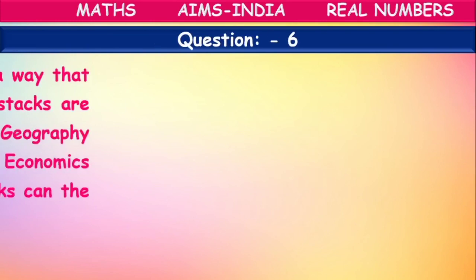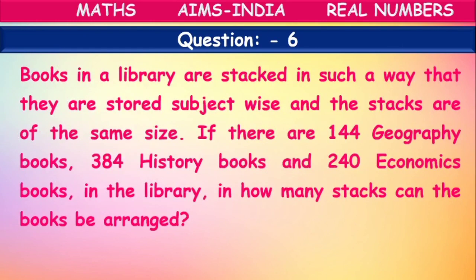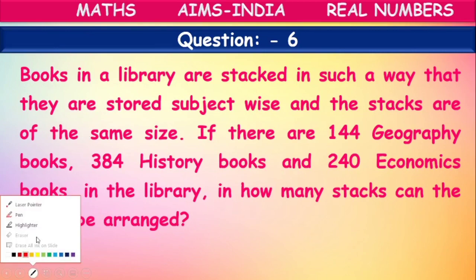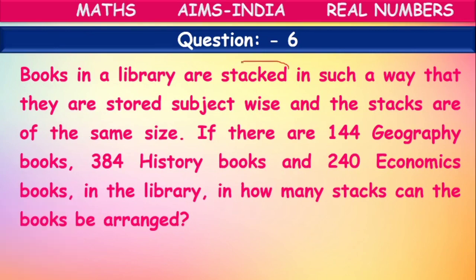Okay, children. Next question. Books in a library are stacked, means kept in groups, in such a way that they are stored subject wise and the stacks are of the same size.